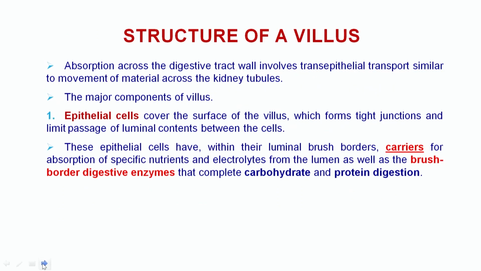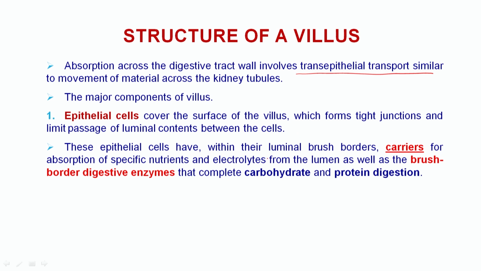Coming to the structure of the villi, how does the villus look? The absorption across the digestive tract wall involves transepithelial transport, similar to the movement of material across the kidney tubules. The major component of the villus is the epithelial cells that cover its surface, which form tight junctions and limit the passage of luminal content between the cells.